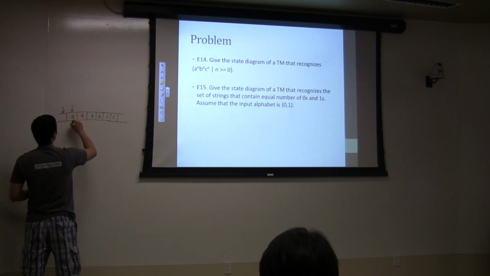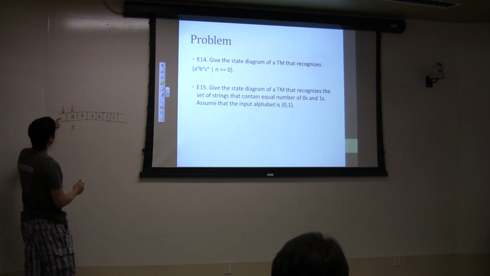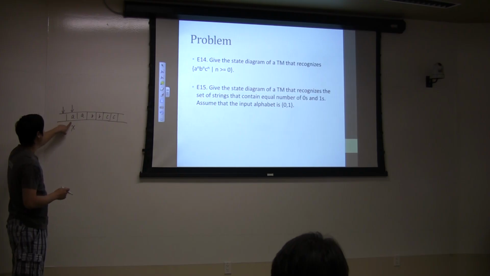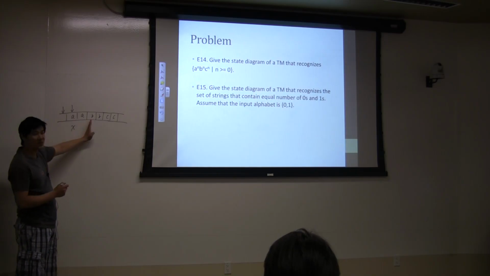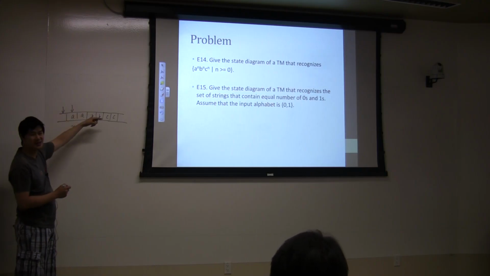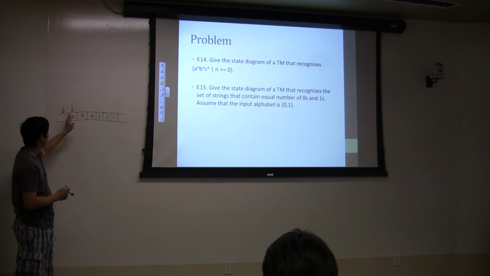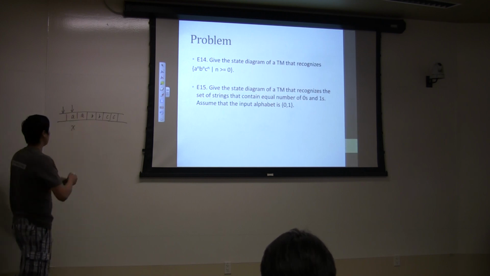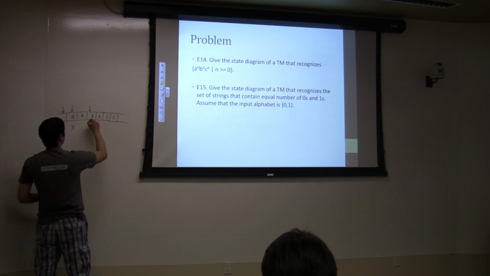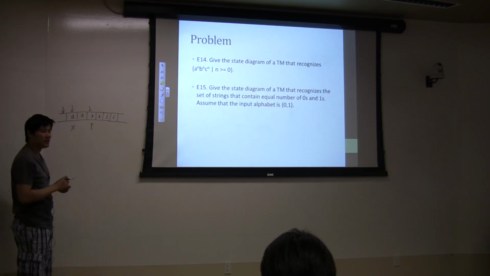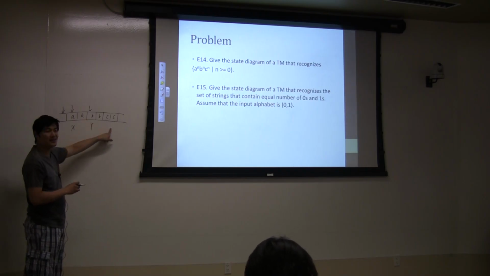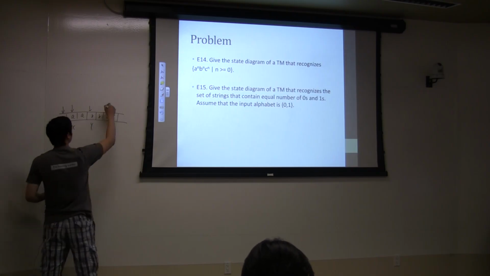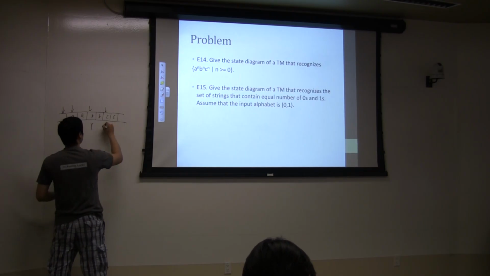If you see an A, you cross it out with some symbol, say X, meaning that you erase the A from the tape and replace it with the X symbol. After that, you go to the B part. You keep reading right until you see a B. If you don't see it, then reject. If you see a B, replace it with a symbol saying I've seen one B. Then keep going right to find the C. Same thing here: if you see a C, cross it out.